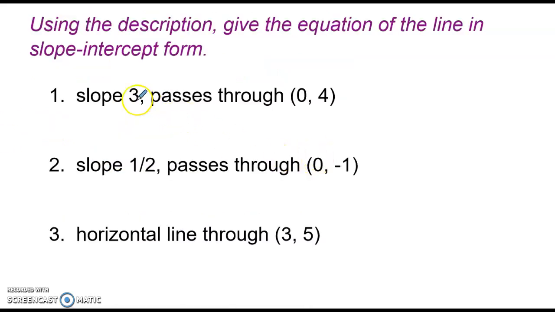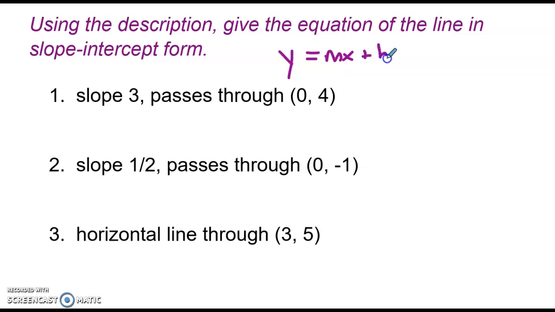The first one here is number 1, where it says using the description, give the equation of the line in slope-intercept form. Now here's what they tell us. They tell us that the slope is 3. And they also say that the line passes through (0, 4). Now this one really requires no work, and here's why. Remember, it's really just a matter of finding y equals mx plus b, which basically means we have 2 things to solve for.